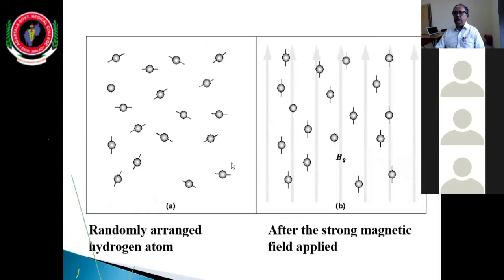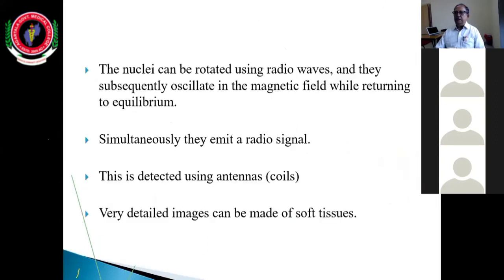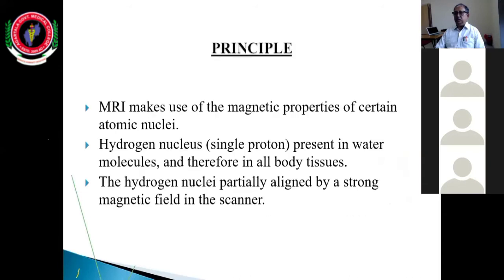So, when the patient's body is placed within the strong magnet, the hydrogen nuclei, these protons within the water molecules of the body, are partially aligned along the magnetic field of the MRI machine.